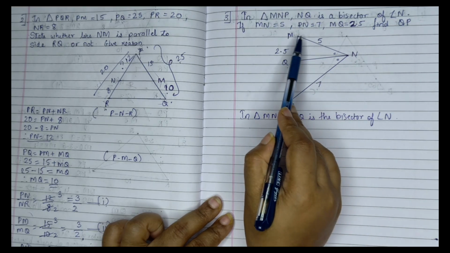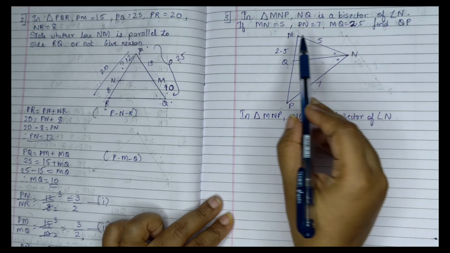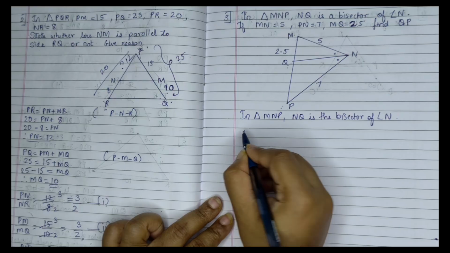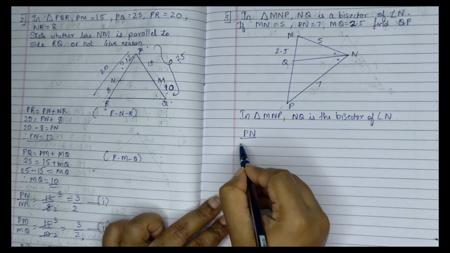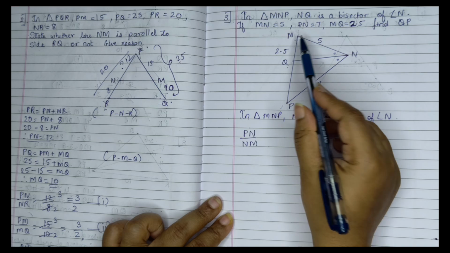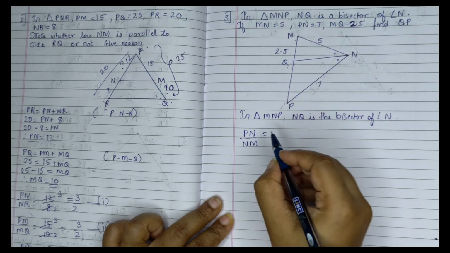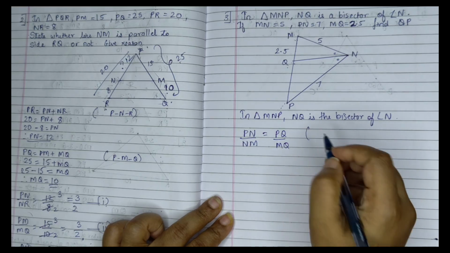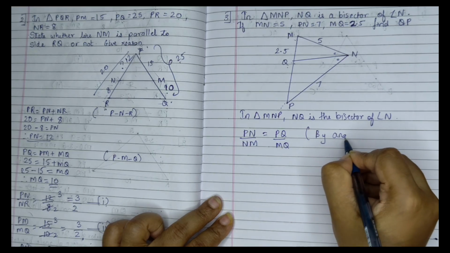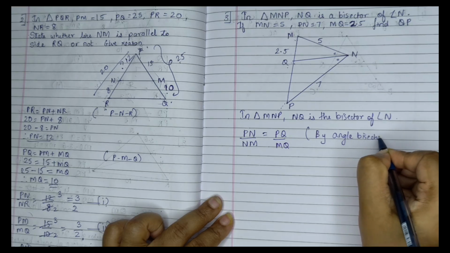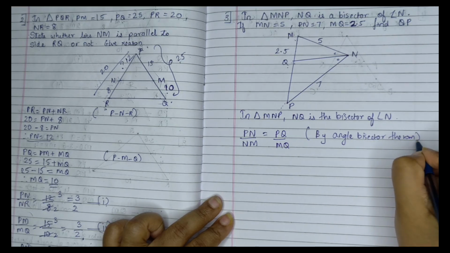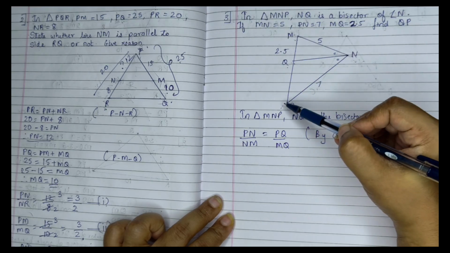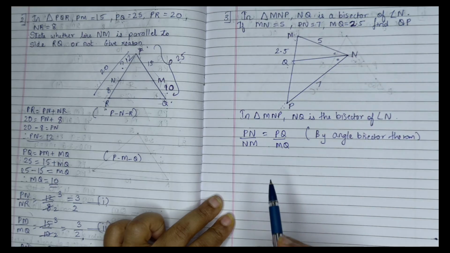That means PN upon NM is equal to PQ upon MQ, by angle bisector theorem.